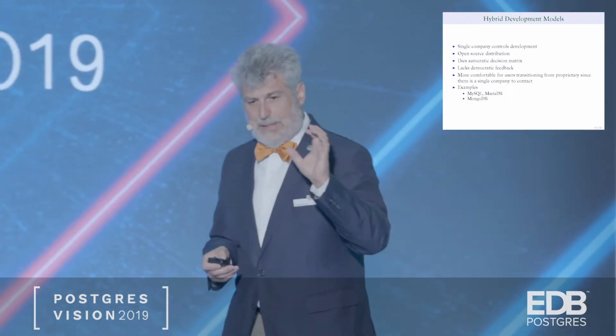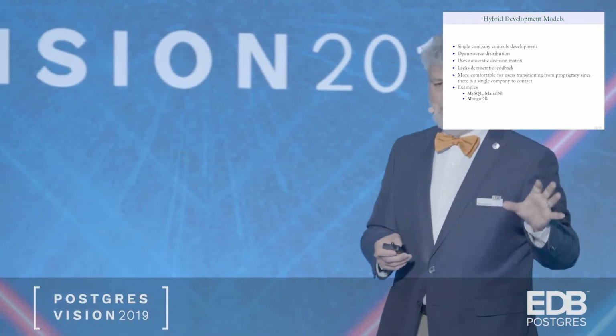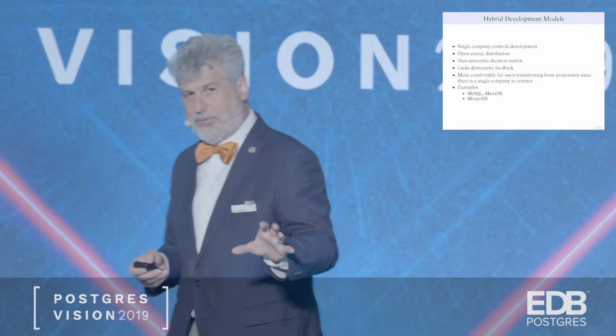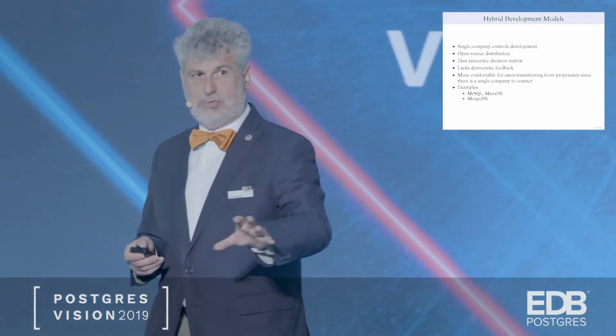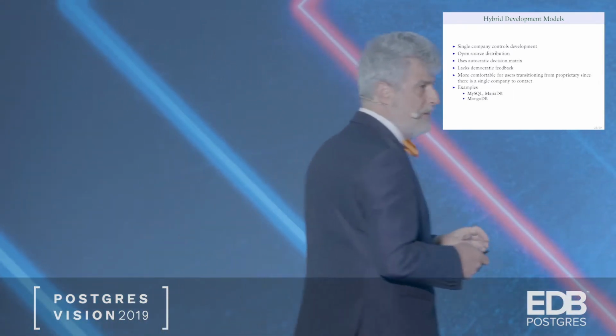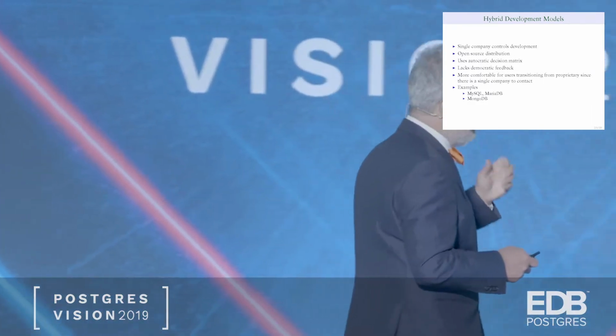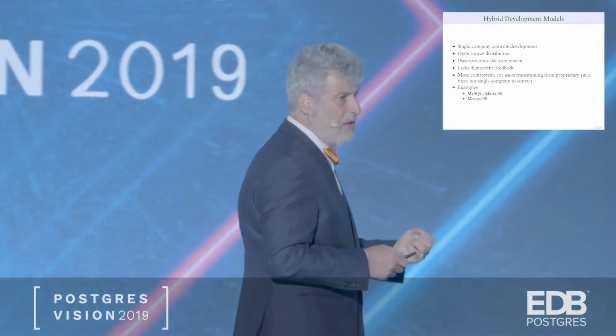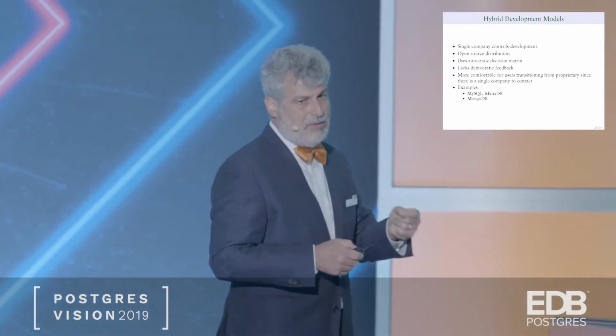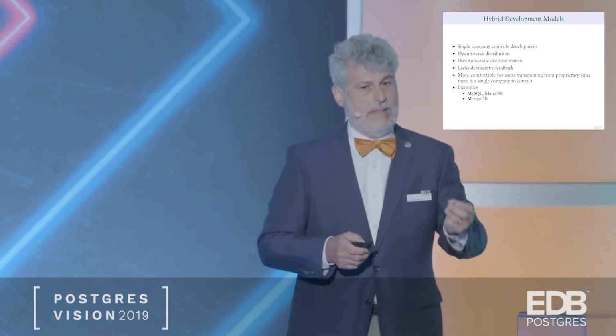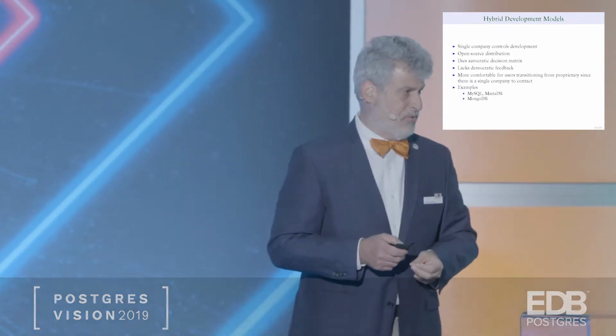One thing I wanted to talk about real quickly is that I've talked about autocratic proprietary development, and I've talked about open source democratic development. There is a hybrid. The hybrid is best illustrated by MySQL, MariaDB, MongoDB. These are cases where a single company controls the development, yet the software is distributed open source. I'm not saying this is good or bad, but I am saying be aware when you are involved in software that uses this hybrid model, it is not a democratic model.